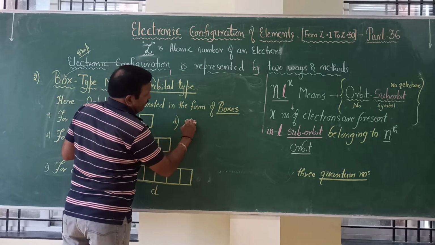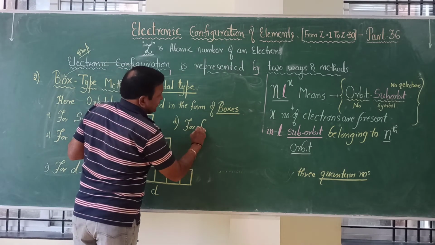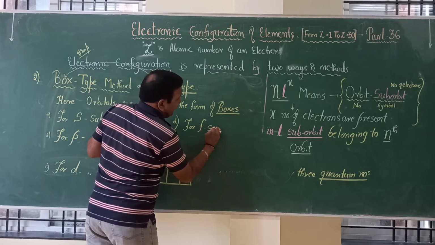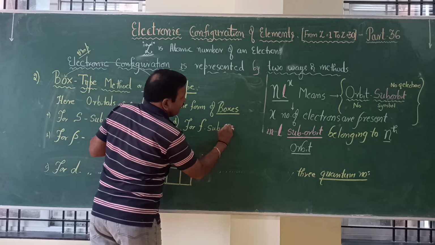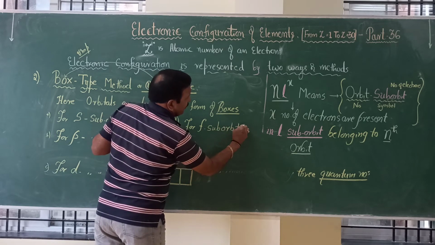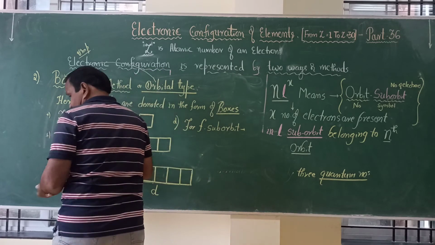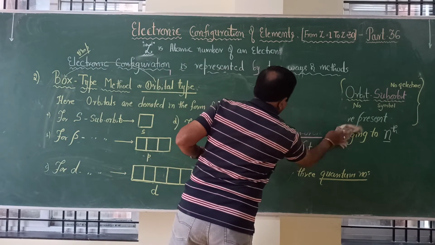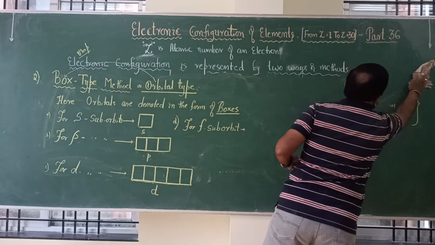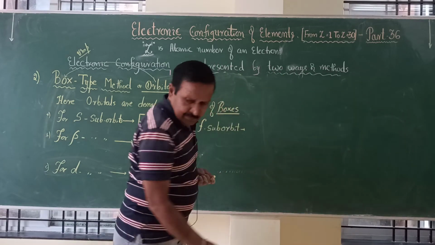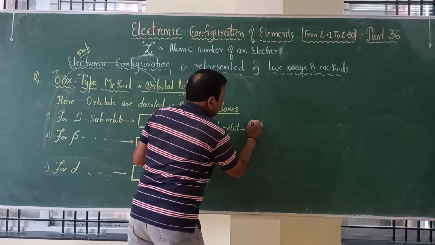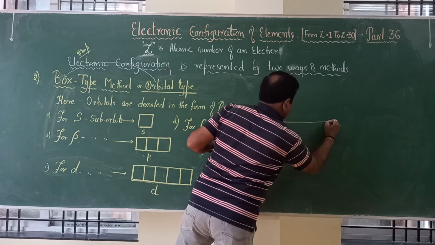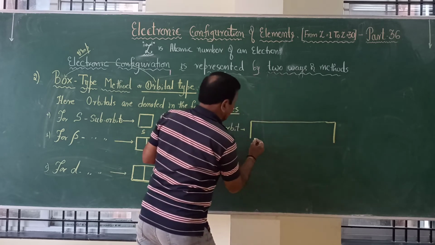And for the last one, for f suborbit, we are going to denote it the same way, there will be 7 degenerate orbitals.